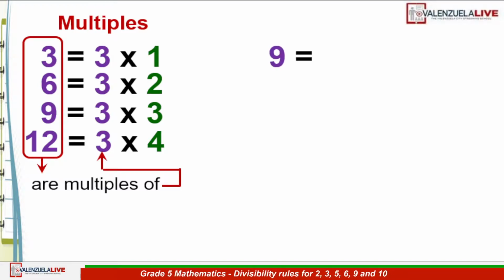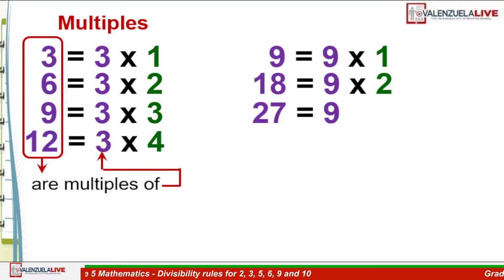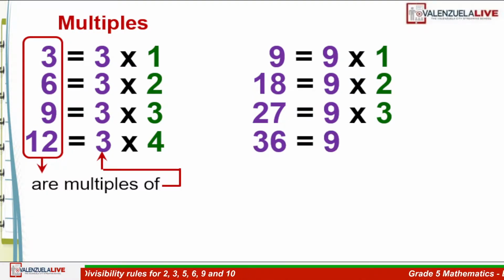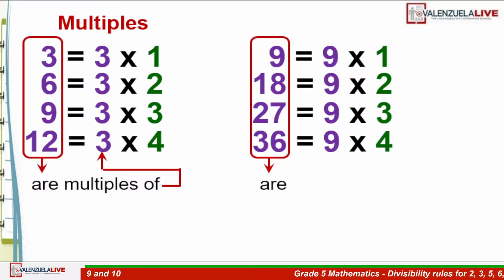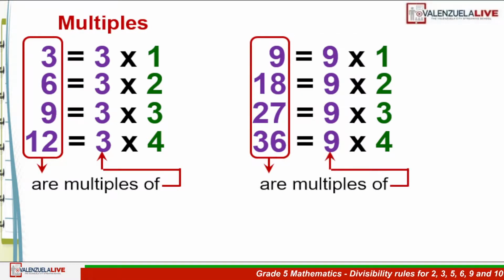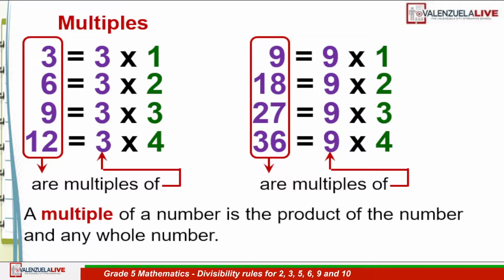We have 9. 9 is equal to 9 times 1. 18 is equal to 9 times 2. 27 is equal to 9 times 3. 36 is equal to 9 times 4. 9, 18, 27, 36 are what we call multiples of 9. So what is a multiple? A multiple of a number is the product of the number and any whole number.